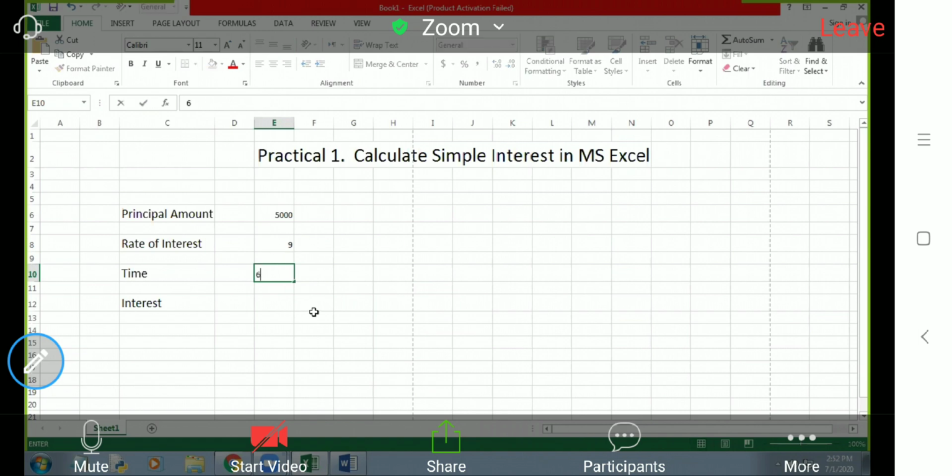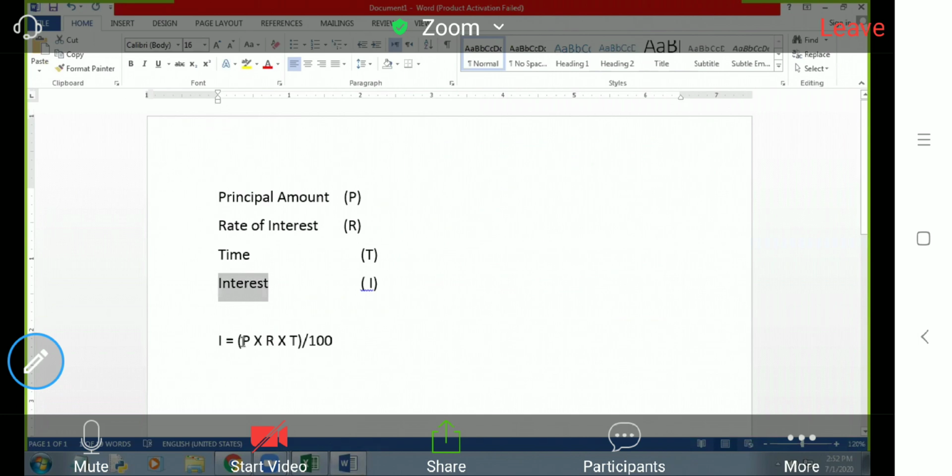So now what will be the simple interest? In this formula, if we put these values P, R and T, then we can find the value.